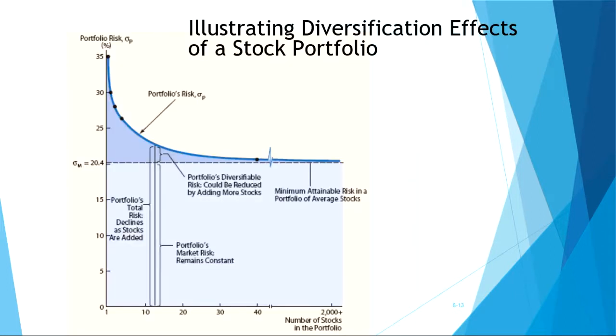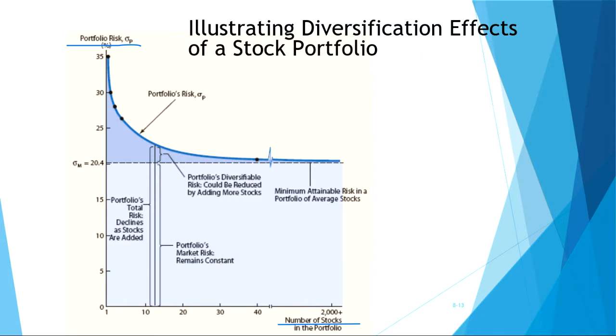So here is the graphical illustration. Let's start with this one. On the vertical axis, we have the portfolio risk. On the horizontal axis, we have the number of stocks in the portfolio, right?